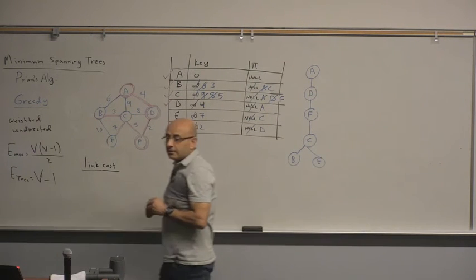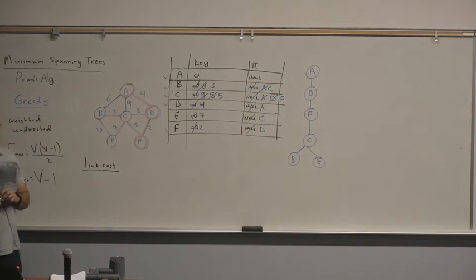Yes? So in the algorithm, we start at A and then we check B, C, and D to see which one has the minimum link. And then we go to D and then we check again from D. So we check C and F. Mm-hmm. Okay. So then at one point, when we're at C, wouldn't we go to D and then check A and E?